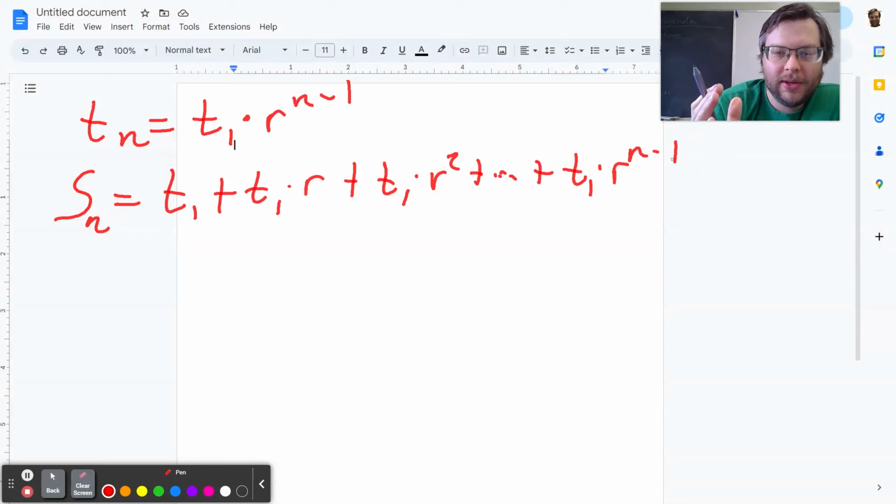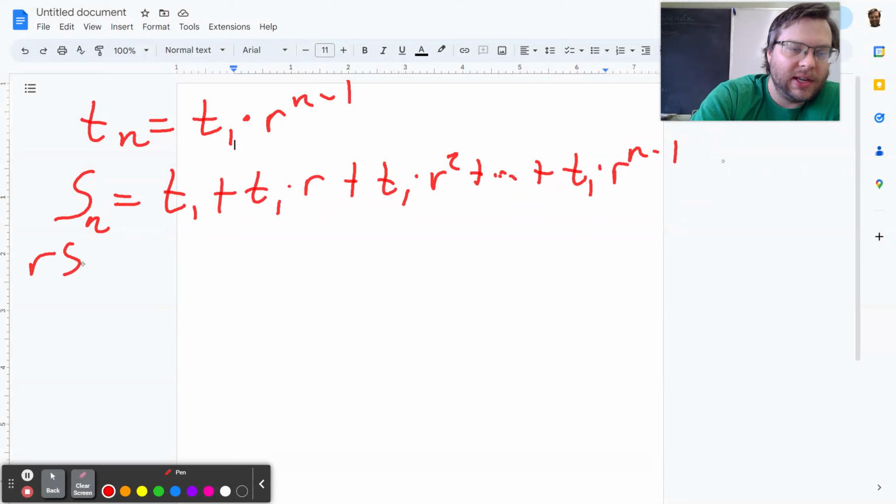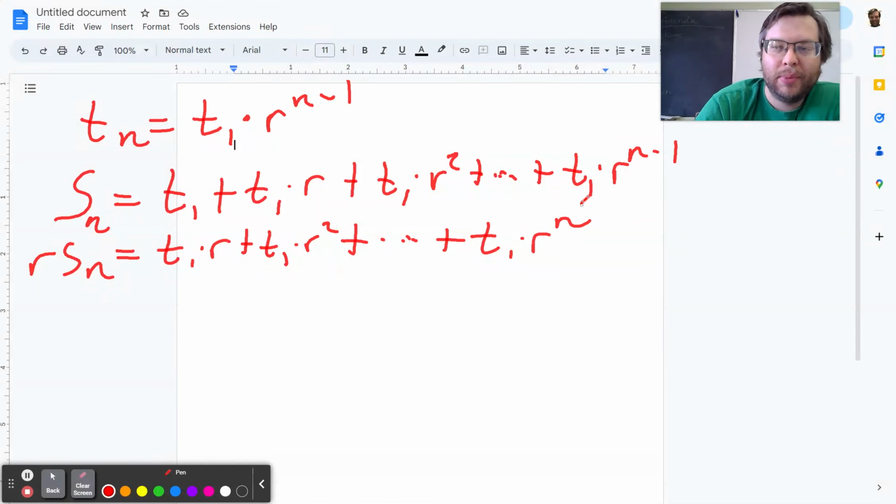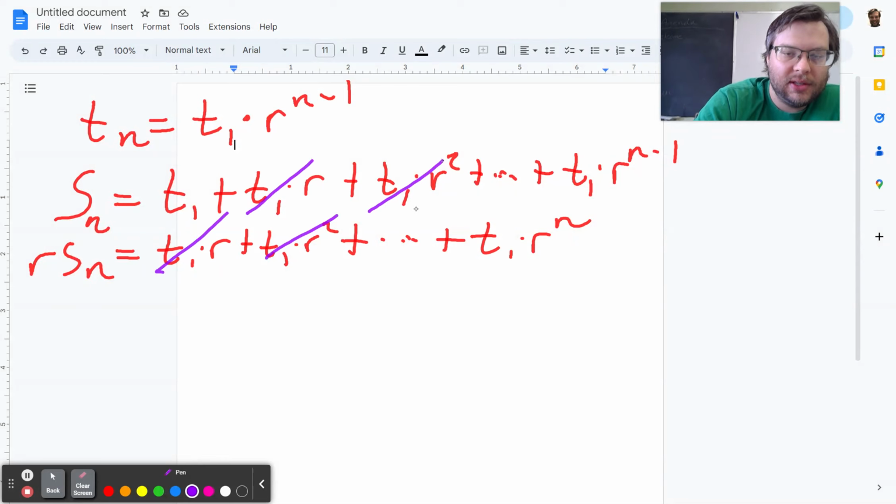Really hard to know what to do with all those terms that you don't know. So if you multiply everything times r, you get t1 times r plus t1 times r squared plus all those same terms, just with the power up by 1. If you start looking for things that cancel out, this matches this matches this, the dot dot dot eats all of those.